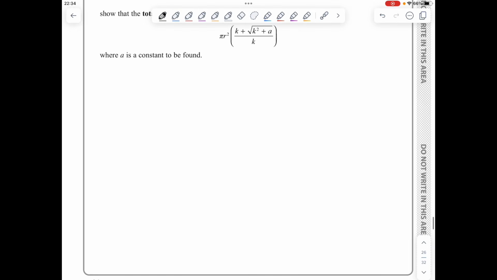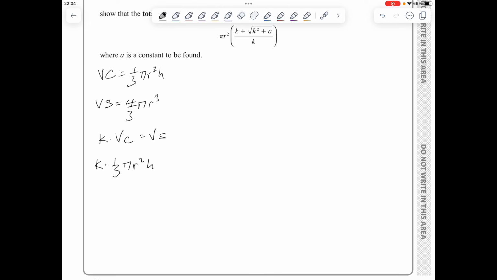The volume of the cone is 1/3 pi r squared h, and the volume of the sphere is 4/3 pi r cubed. So K times 1/3 pi r squared h equals 4/3 pi r cubed.